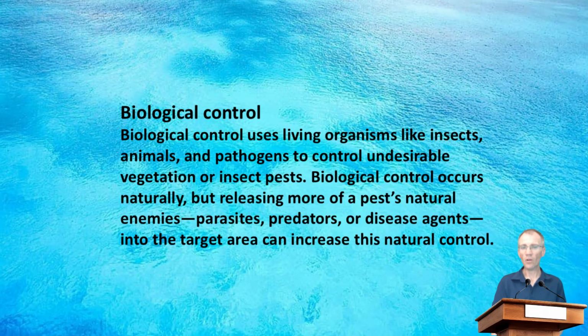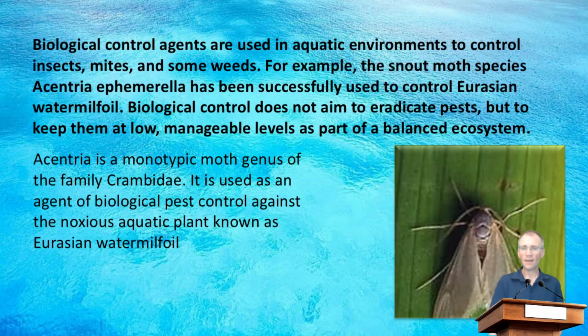Biological control. Biological control uses living organisms like insects, animals, and pathogens to control undesirable vegetation or insect pests. Biological control occurs naturally, but releasing more of a pest's natural enemies, parasites, predators, or disease agents into the target area can increase this natural control.